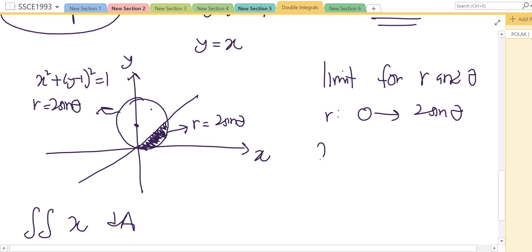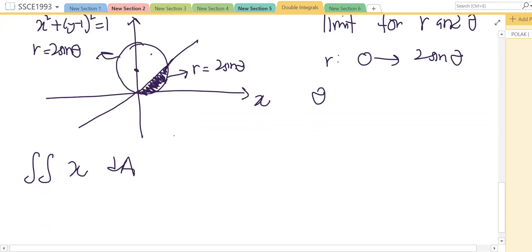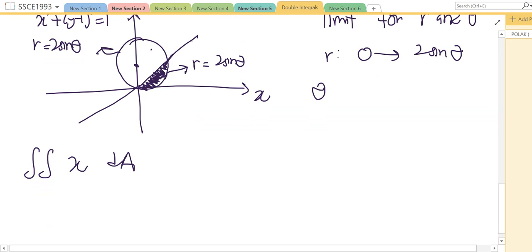What about the limit for theta? Here we know that the region starts at 0, but goes up to this line only. So you should know what angle it goes up to here. To get the limit for the angle, we use the equation y equal to x. We know that y is equal to r sine theta, and x equal to r cos theta.